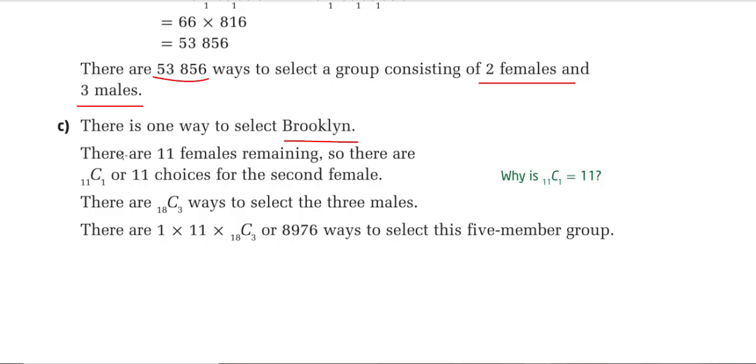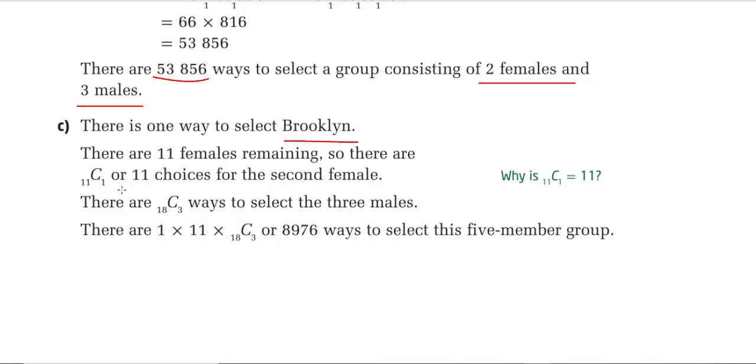So the other combination is C 1 from 11 now, not 12, because we had to put Brooklyn in each group. That's why we cannot choose Brooklyn for the second female.